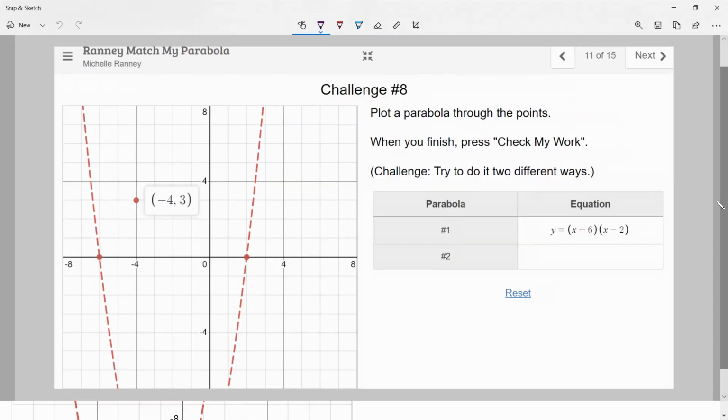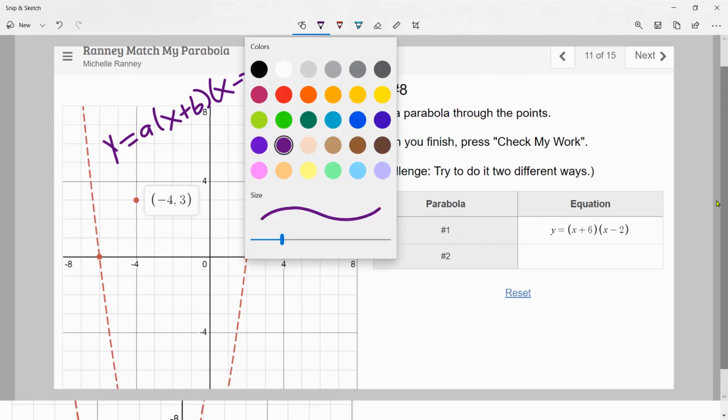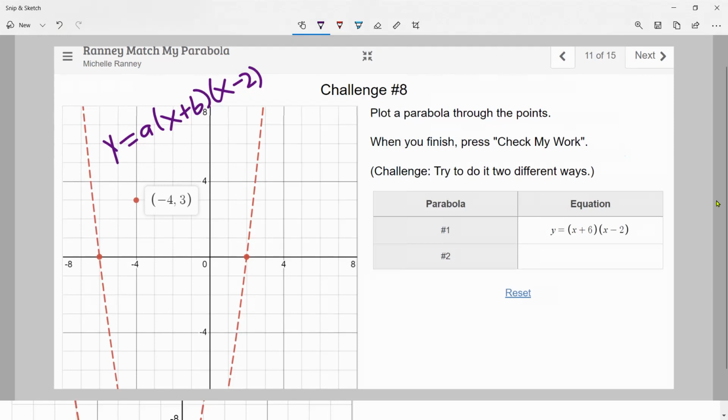Okay. So if I know it's going to be y equals a times x plus 6 times x minus 2, and it has to go through negative 4, 3. This is going to end up being a negative, but I will find that sign when I substitute in 3 for my y and negative 4 for my x's.